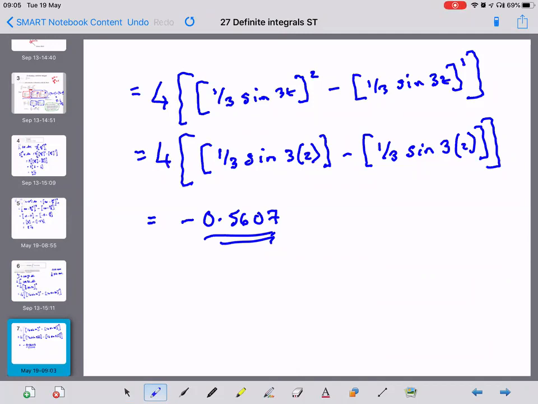Okay. Have you checked it? Anybody checked it? Just make sure. It helps to confirm your calculator is correctly in radians mode.